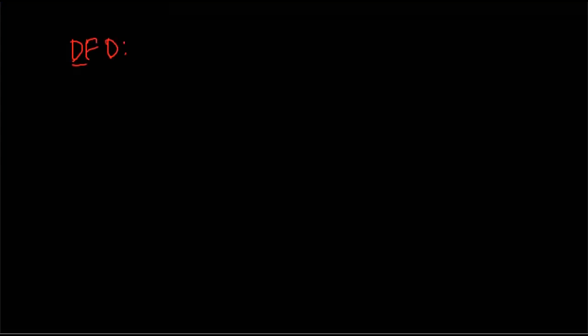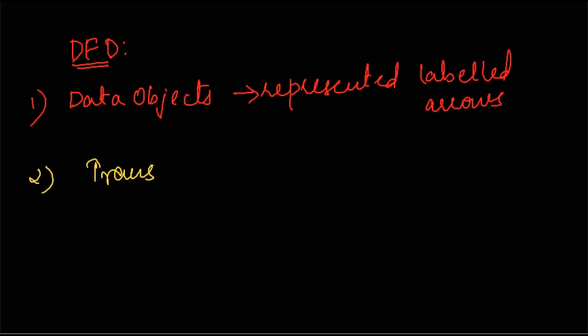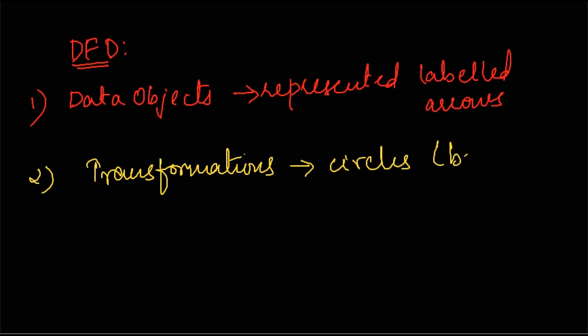Now within this data flow diagram, we are going to have data objects. These objects are going to be represented by labeled arrows. That is your first type of representation. Then any transformations that you are applying will be represented by circles, which can also be called bubbles.